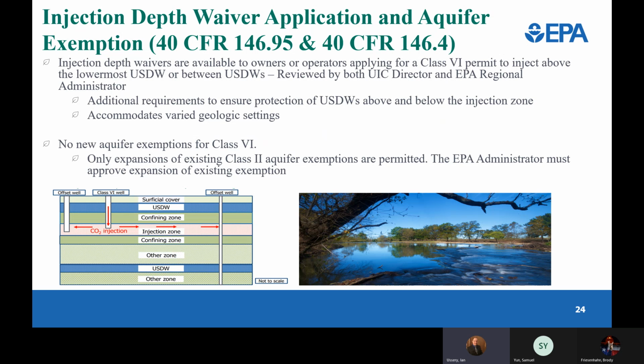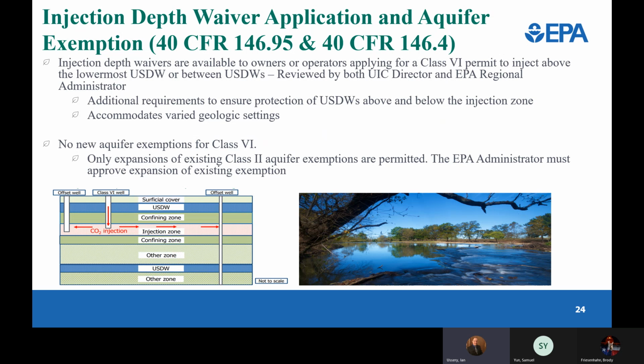Including injection depth waiver provisions in a state's regulation is optional. Now, a supplemental report is generated for the review by both the UIC director and the EPA regional administrator and verifies that the injection zone is appropriate for geologic sequestration and is contained by confining units both above and below.